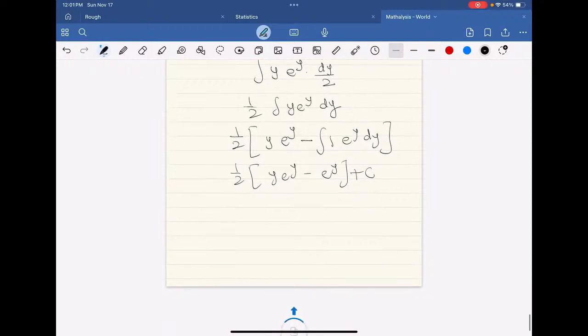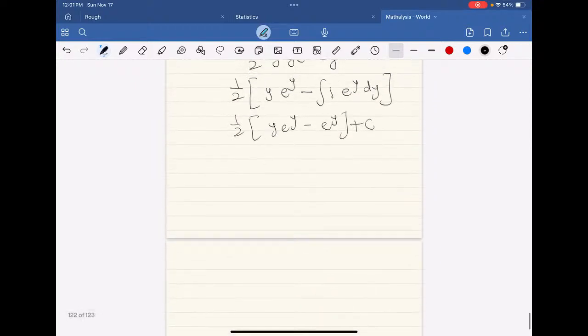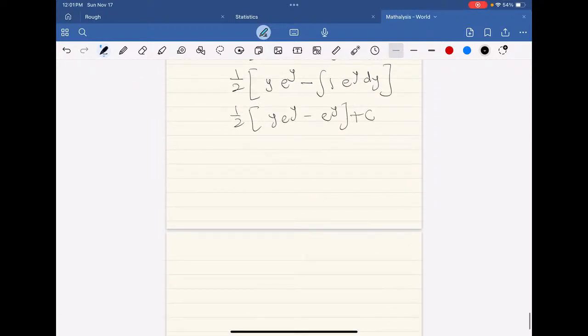We know that y is x square, so this will just be half of x square e to the power x square minus e to the power x square plus c. Okay, so this is it.